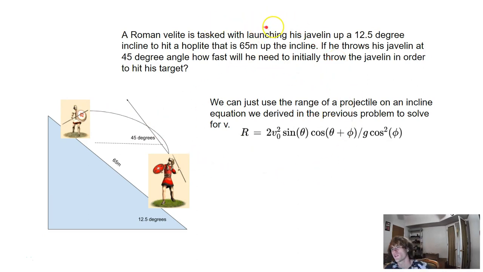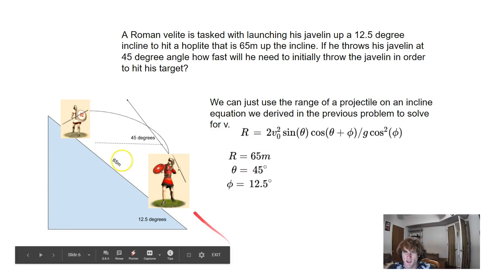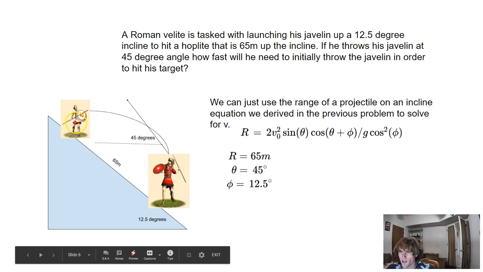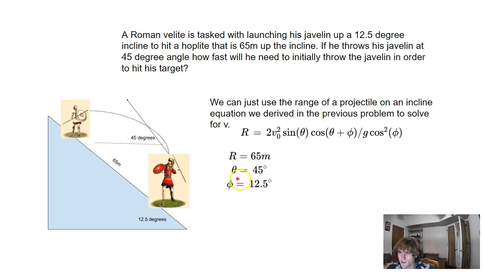All we have to do is plug in all our information. We know that R is 65 meters. We know that theta is 45 degrees because he throws the javelin at a 45 degree angle. And we know phi is 12.5 degrees because he's on a 12.5 degree incline.